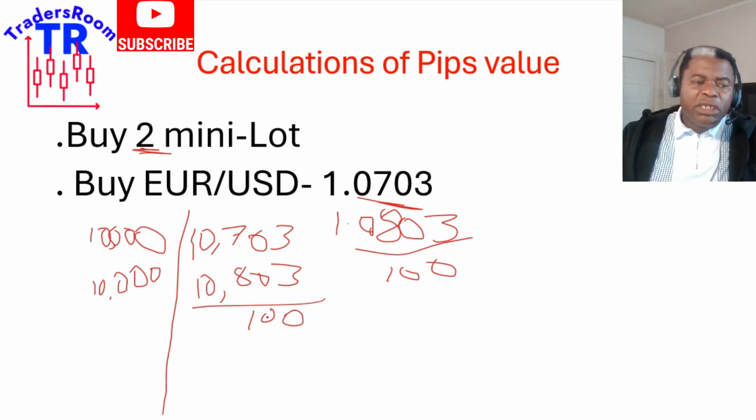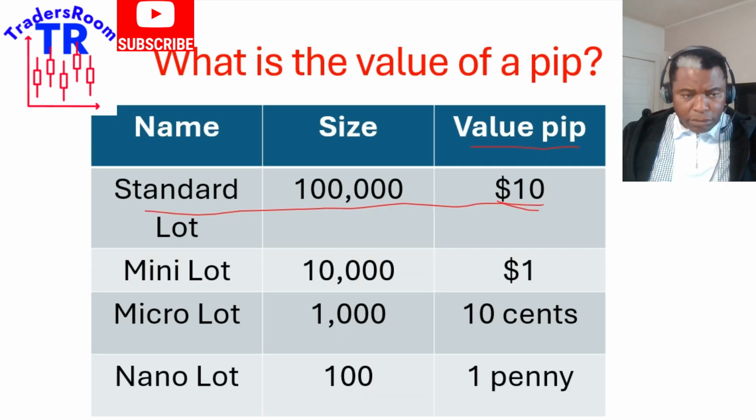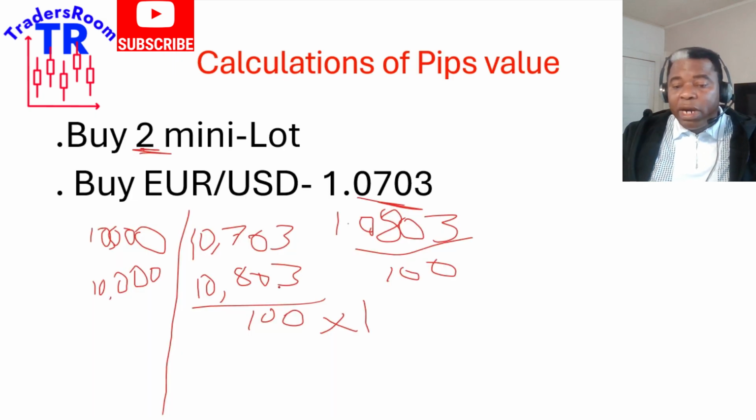So this 100 pips, your broker, how do you convert it to money? You now say times one. Why is it times one? Because let's go back again to our table. Since you are trading with mini lot with $10,000, each pip that you gain, you will gain $1 per pip. So that is how we arrive at that amount, $1.